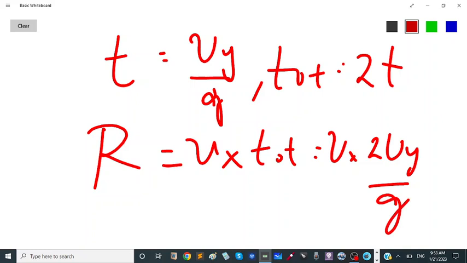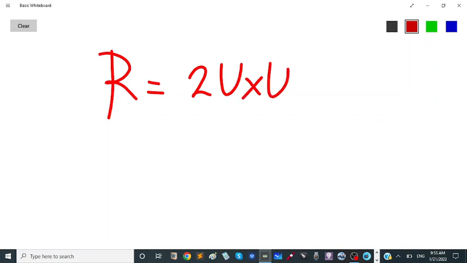So we can get range is given by 2 times ux Uy over g. To determine the range, only the initial velocity is enough, or sufficient.